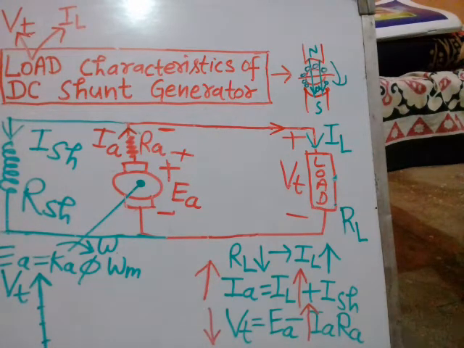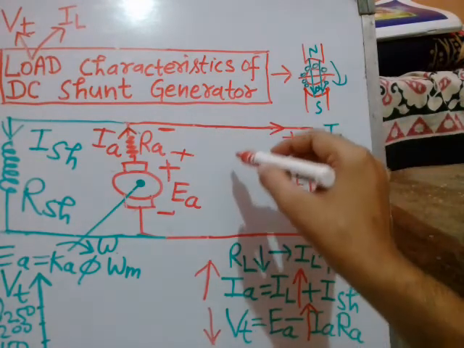Suppose this is 50 volts, this is 100 volts, 150 volts, 200 volts, 250 volts. Now if you note down these values of terminal voltage and load current.